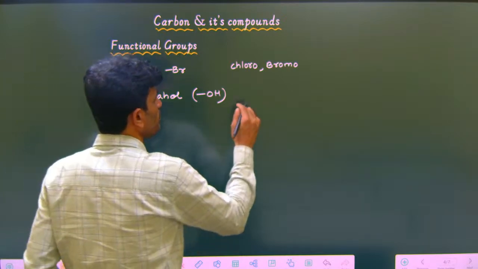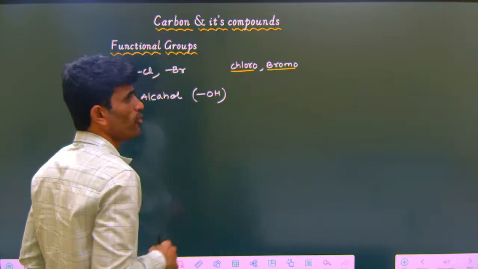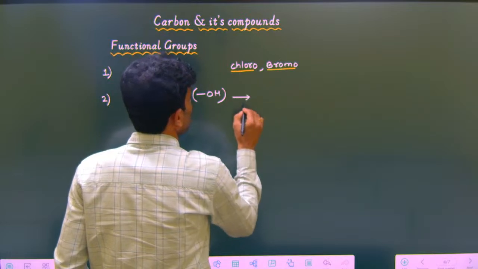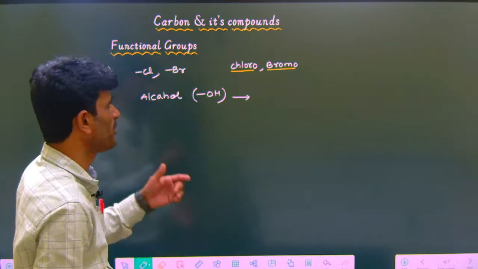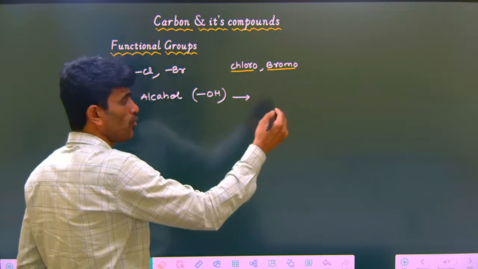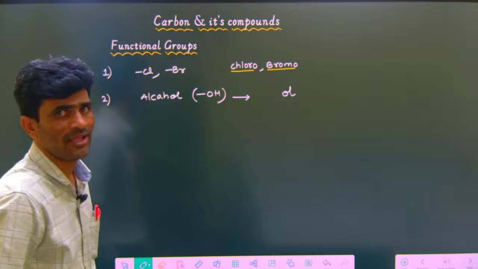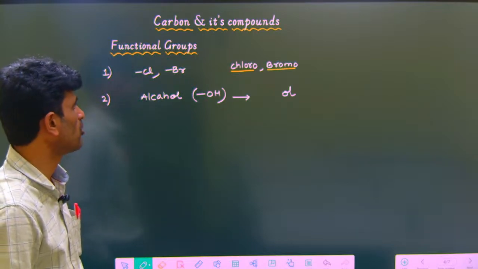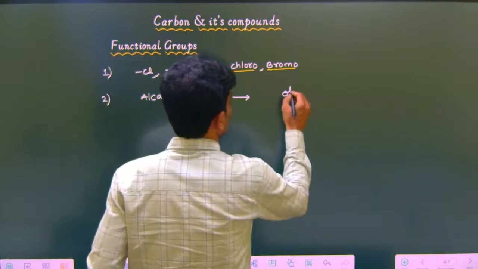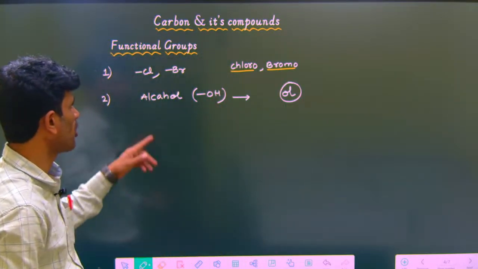For the halogens we give the prefix chloro or bromo, but for alcohols the name is given as a suffix, OL, added at the end of the name: methanol, propanol, butanol, pentanol. So OL is added for alcohol groups.